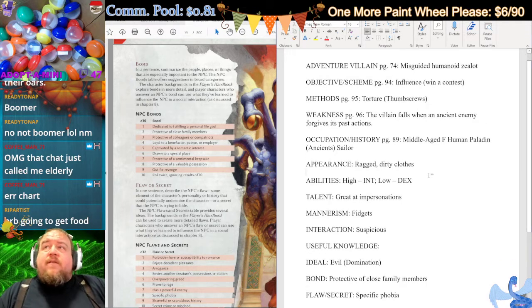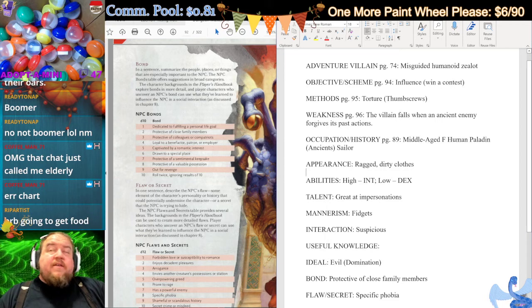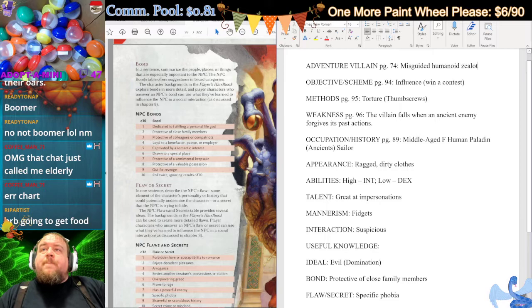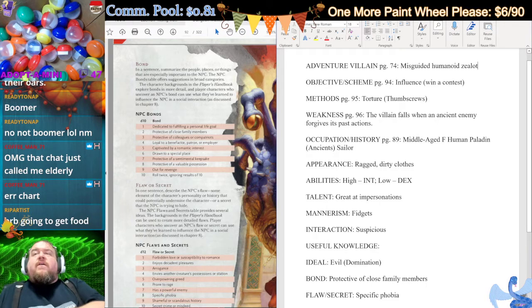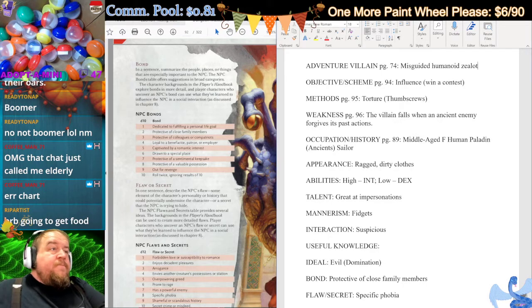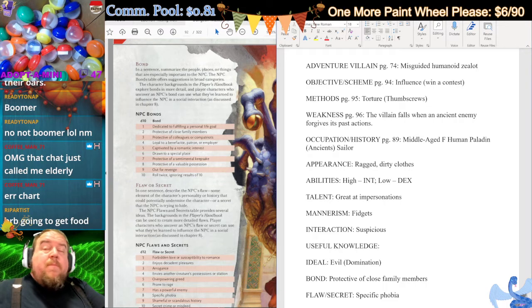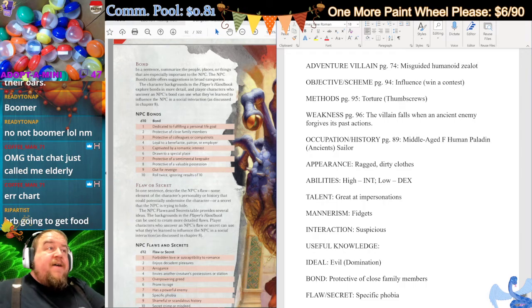So our villain is a misguided, in this case, a human zealot. The objective or the scheme of this villain is to win influence through some kind of a contest. And the type of influence might very well be after the oath that she has sworn.